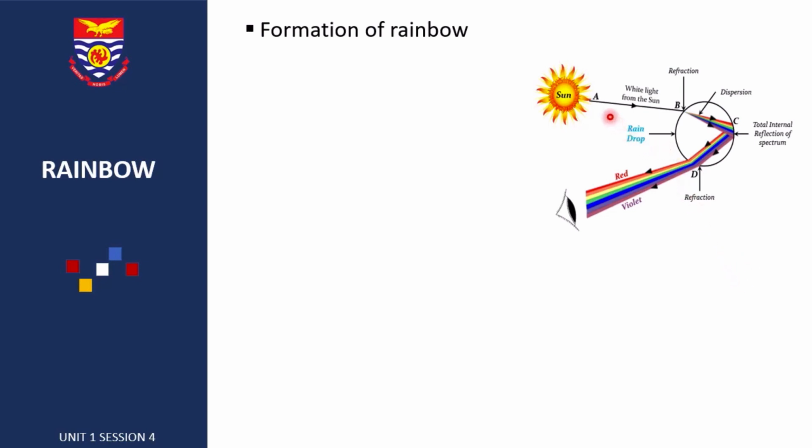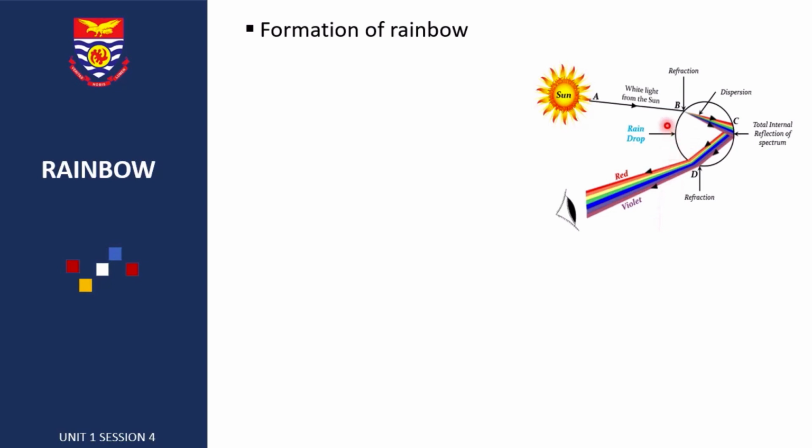Because it's from one medium to another, that is a less dense medium to a more dense medium, refraction occurs. And because this white light is being separated into different components, dispersion occurs.